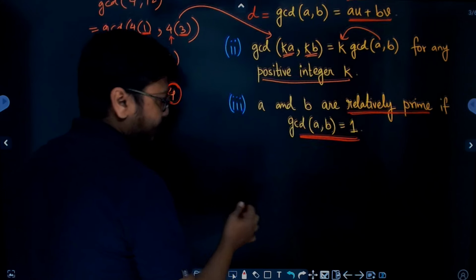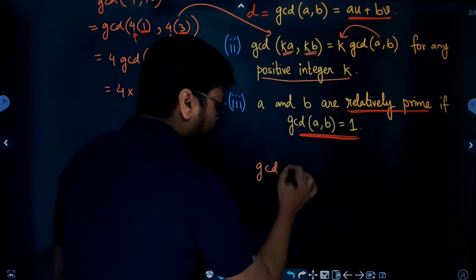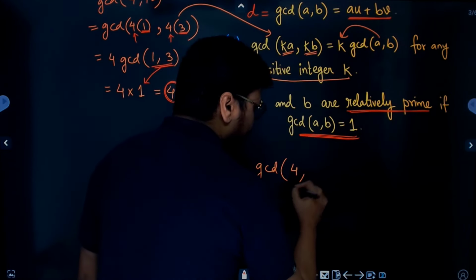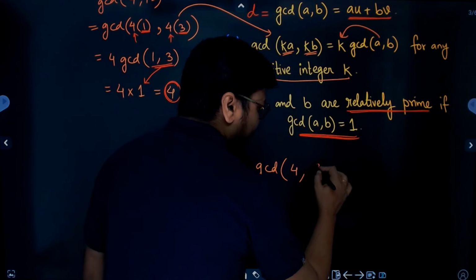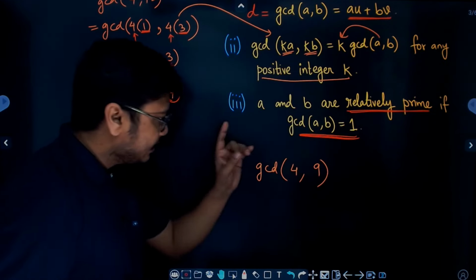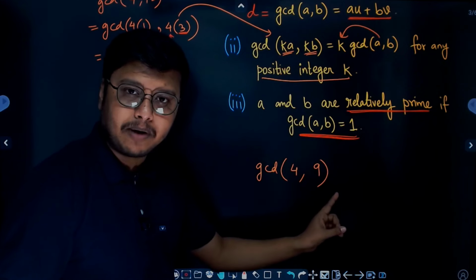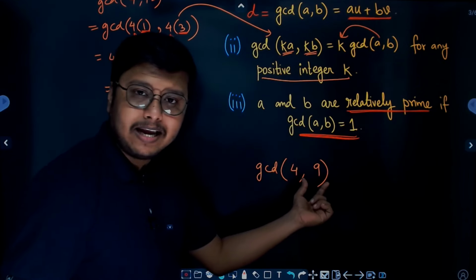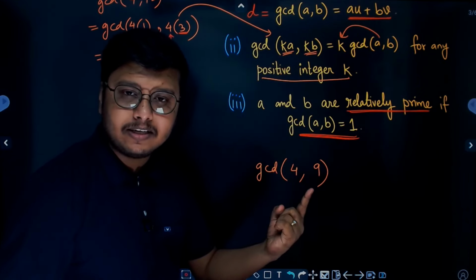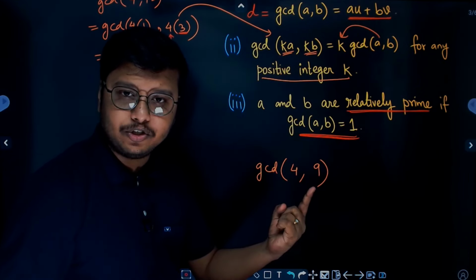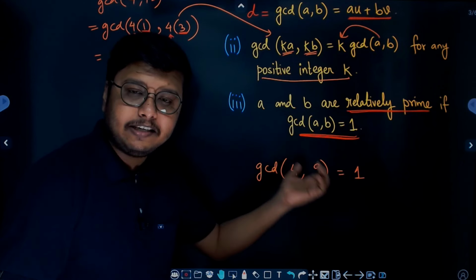Let's take an example. If I take GCD of 4 and 9, neither is 4 a prime number nor is 9 a prime number. But do they have anything in common? Only one is the common integer, right? So their GCD is 1. So I can say that 4 and 9 are relatively prime.